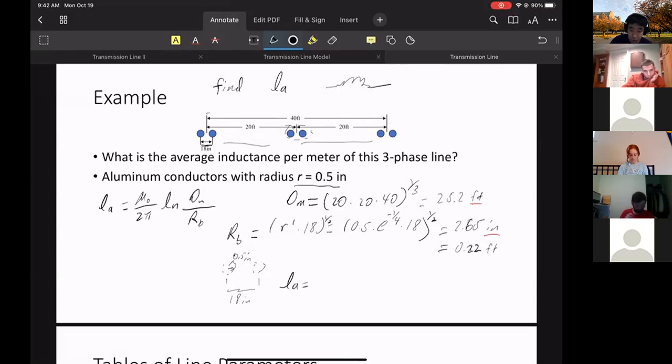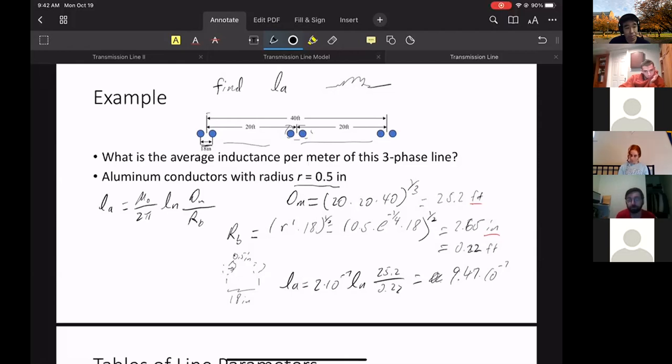Then plugging this into the equation, mu naught over 2 pi is 2 times 10 to the minus 7, times log of 25.2 over 0.22. So this is 9.47 times 10 to the minus 7. So what is the unit of this inductance?